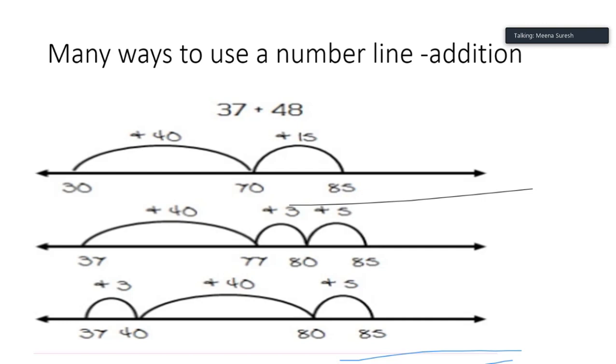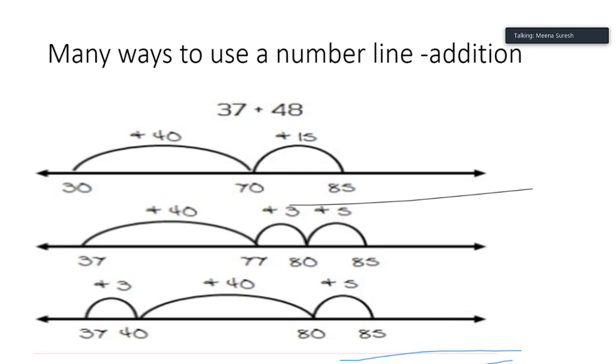Here they are starting with 37 and jumping 40, 77. Now moving to the friendly number and then adding again 5 more. The third way is first move to the friendly number 40, then add 10s, then again add 1s.